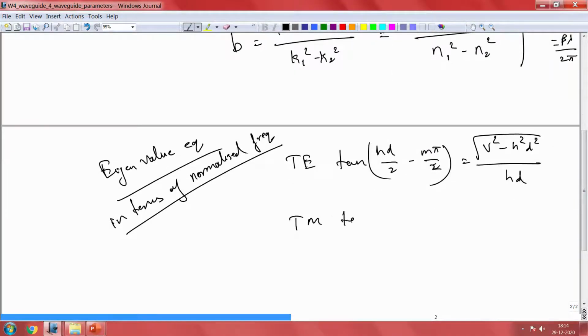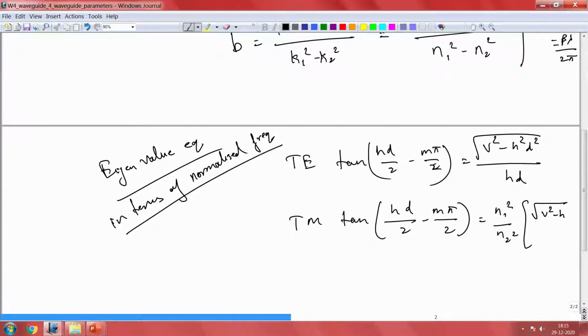For TM this is given as n1 squared over n2 squared times root of (V squared minus h squared d squared) divided by hd. Here m is 0, 1, 2, and so on; this is the mode number.